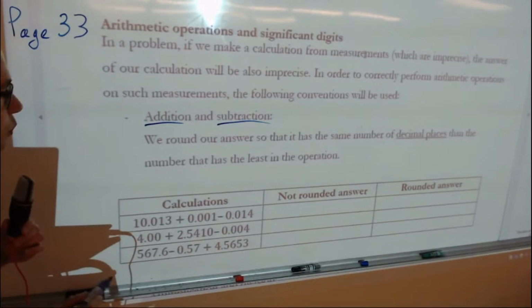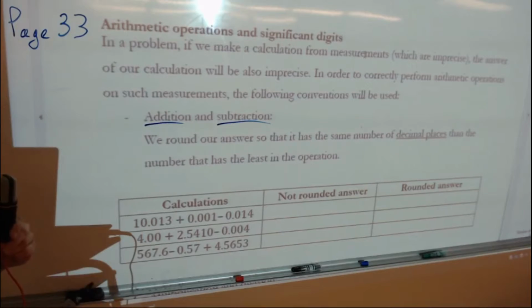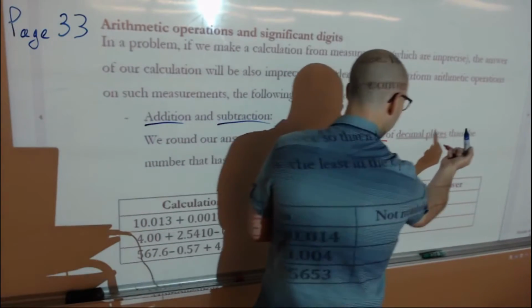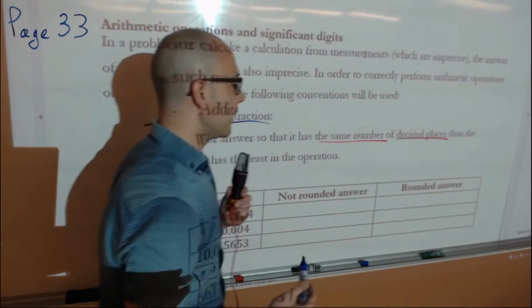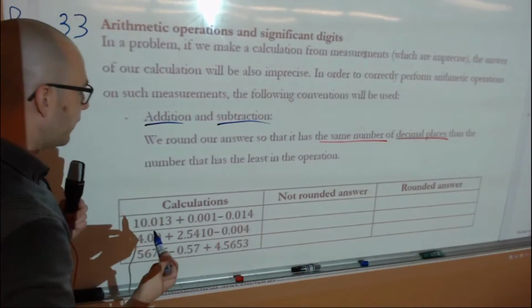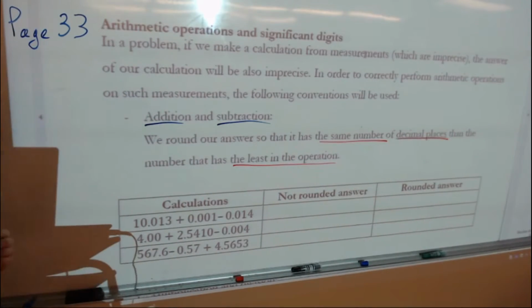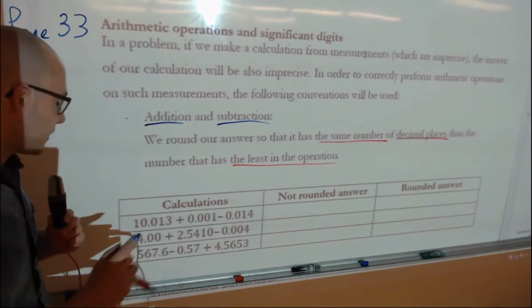We have to round our answer so that it has the same number of decimal places as the number that has the least in the operation. So let's look at this example right here.